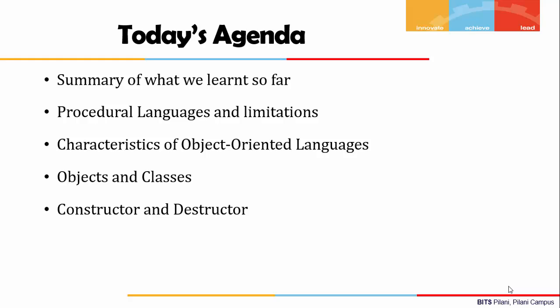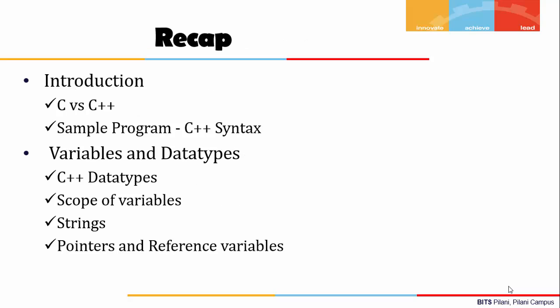So, let's begin with the summary. This is what we saw in previous lecture. This is a brief review. So we saw that C++ merges the concept of object-oriented programming, generic programming with procedural programming. We learned the basics of dynamic memory allocation using new and delete in C++.